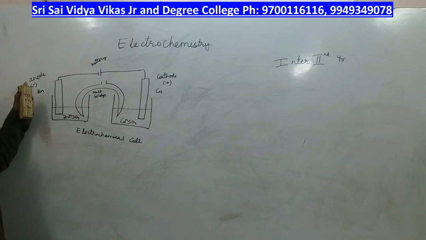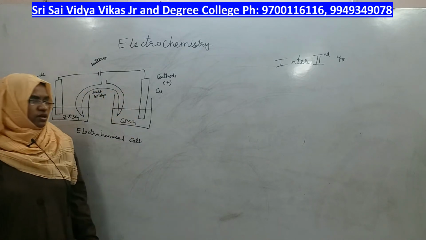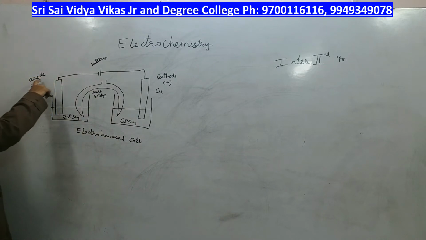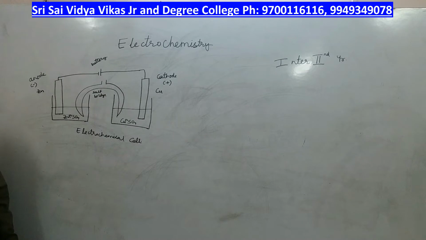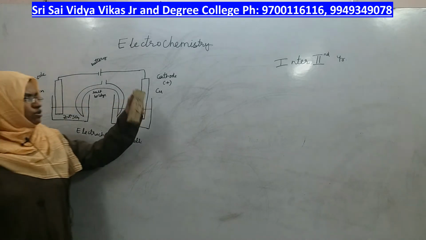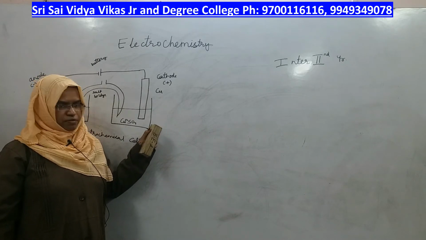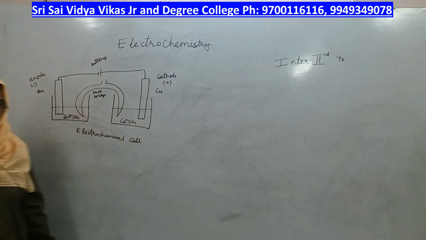Oxidation is loss of electrons and reduction is gain of electrons. So anode always undergoes oxidation and is always on the left side; cathode always undergoes reduction and is always on the right side.